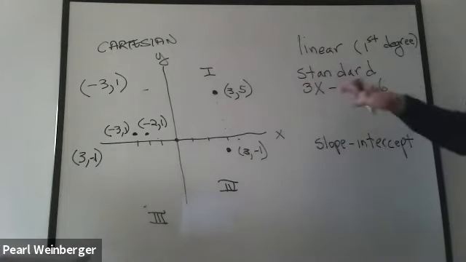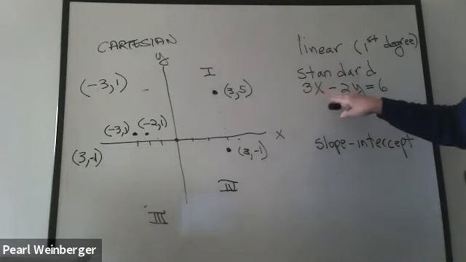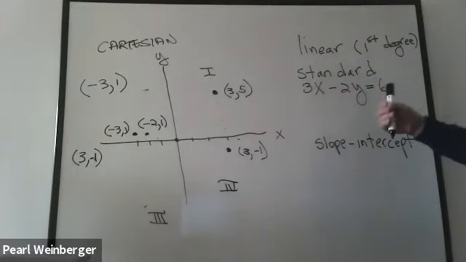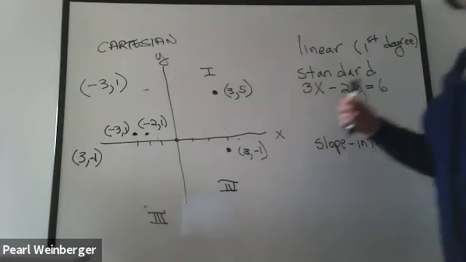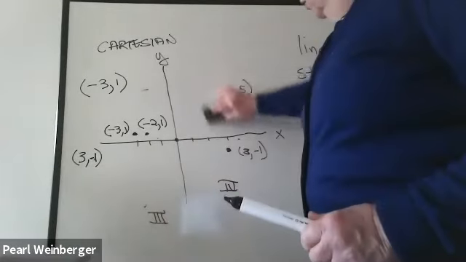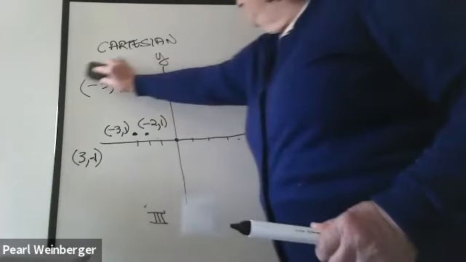So the question is, if I give you a linear equation like 3x minus 2y equals 6, how do we go from that equation to drawing the line? I'm going to erase all this other thing so that we can do it on our graph.